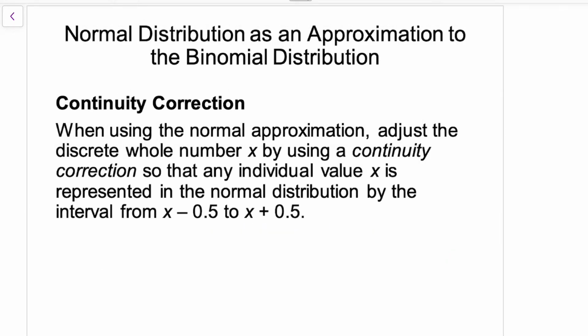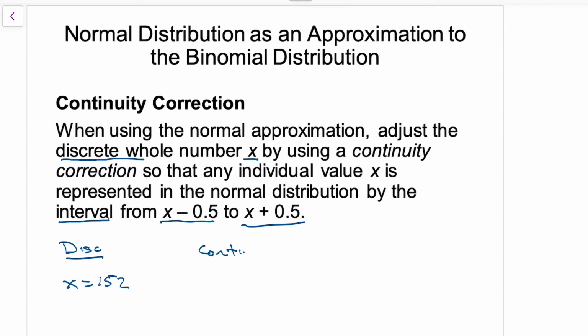The other very important thing when using the normal distribution as this approximation is to correct for the fact that we're moving to a continuous random variable. So we need to adjust the discrete whole number x by using an interval from x minus 1/2 to x plus 1/2. For example, in our discrete example, our x was 152.